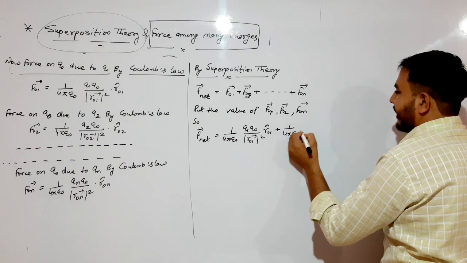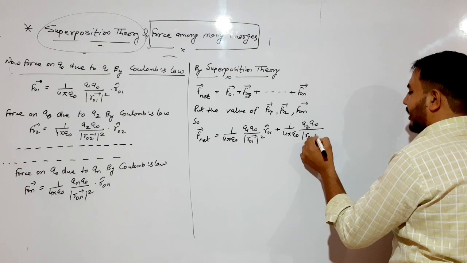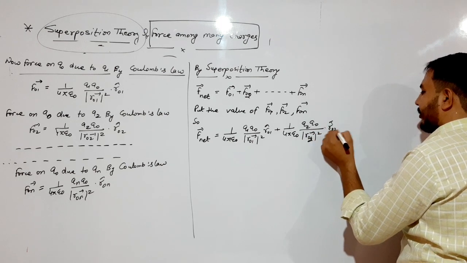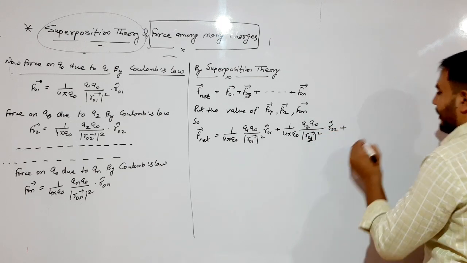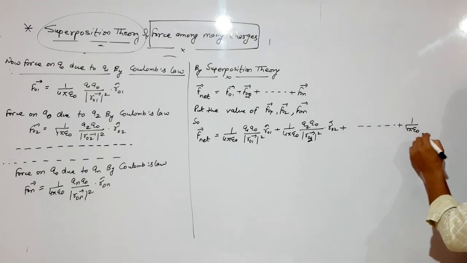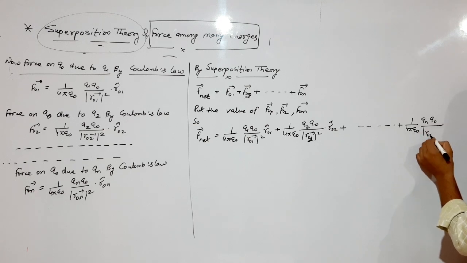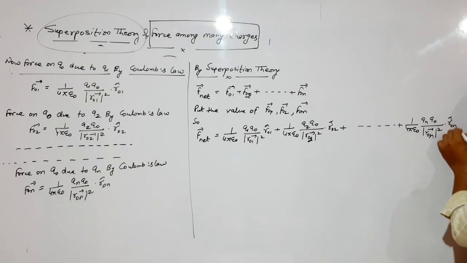Plus 1 upon 4 pi epsilon naught Q2 Q naught upon r02 vector square, times r02 cap, up to plus 1 upon 4 pi epsilon naught Qn Q naught upon r0n vector square, times r0n cap.